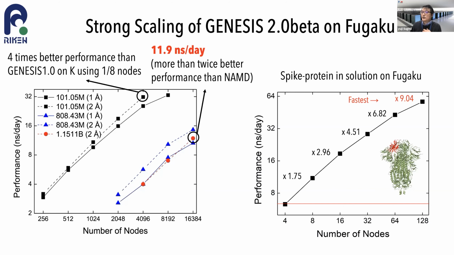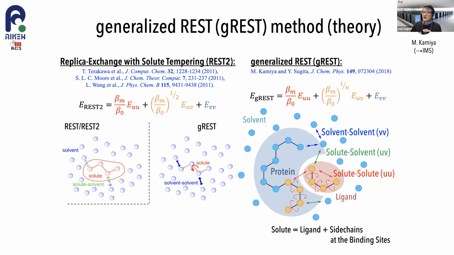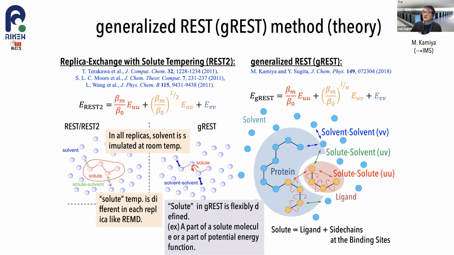Okay, so I will briefly summarize our effort on the enhanced sampling method and probably skip the third topic. Replica exchange is a very old method, and you need to perform multiple replicas at different temperatures. But recently we can keep the solvent temperature and just change the protein solute temperature.